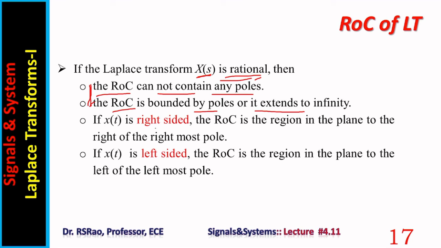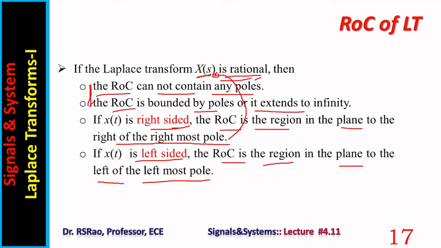If x of t is right-sided, the ROC is the region in the plane to the right of the rightmost pole of X of s. If x of t is left-sided, the ROC is the region in the plane to the left of the leftmost pole of the transform X of s.